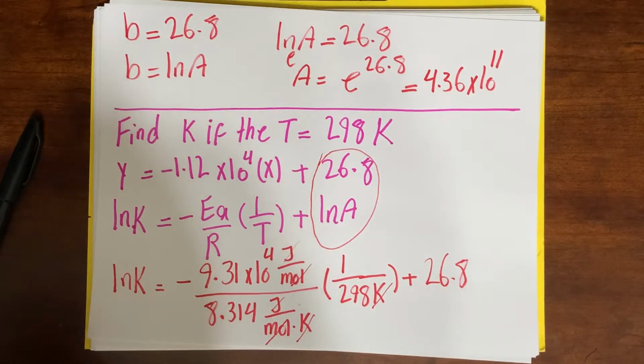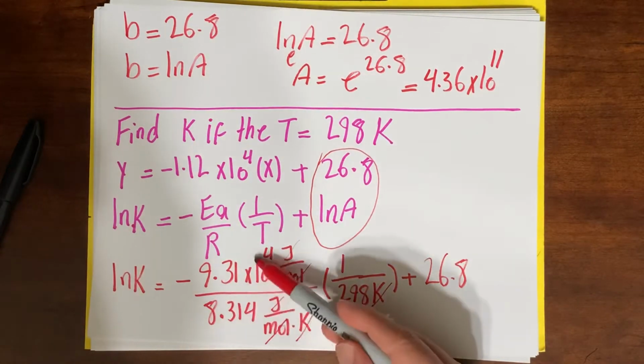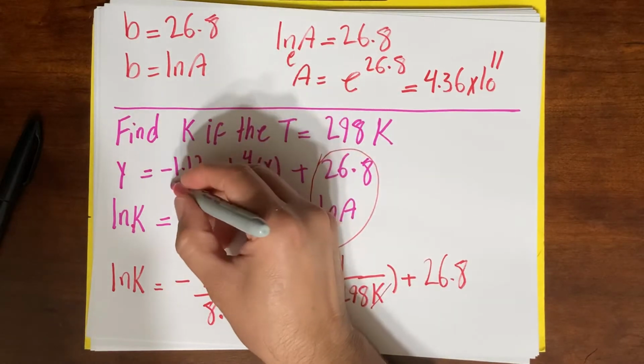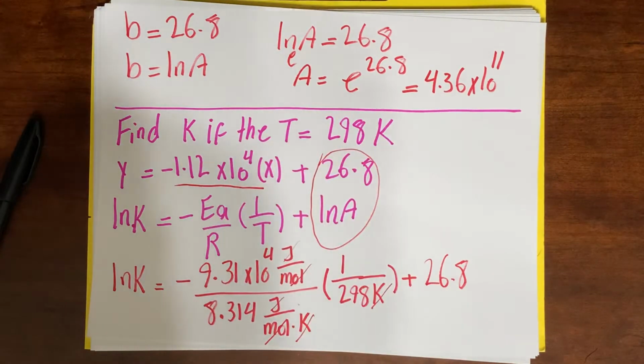Okay, so I have minus 9.31 to the power of 4 divided by 8.314. If you divide this, you will get this number.